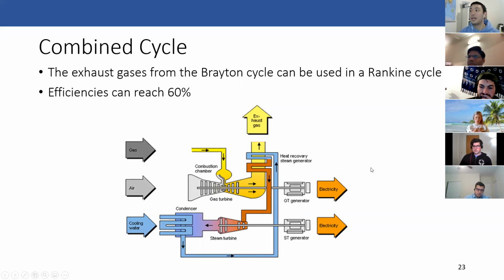In this way, you've got two different turbines that are maximally extracting energy from the combustion of natural gas. And so the efficiency of the overall system can be as high as 60%. That's almost double the efficiency of your coal plant.